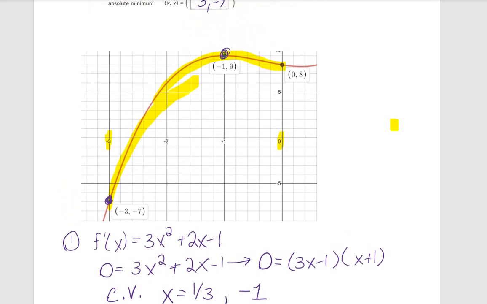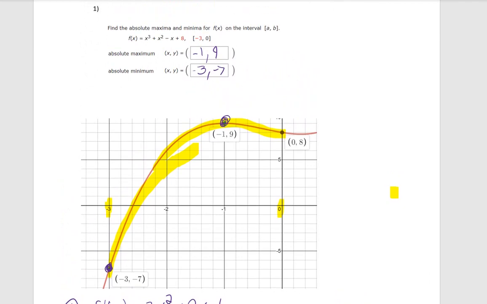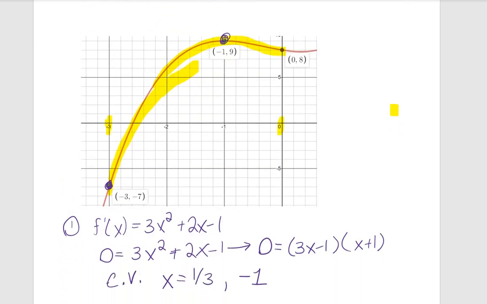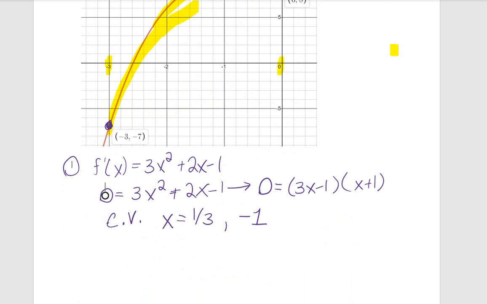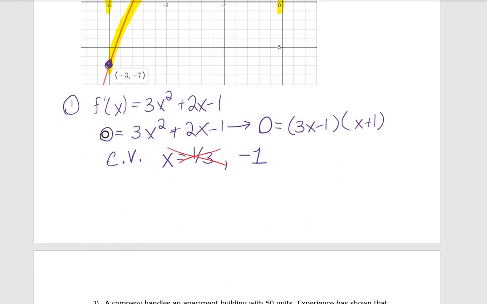Now remember, we're only looking at x values between -3 and 0, so we're actually not interested in x equaling 1/3.